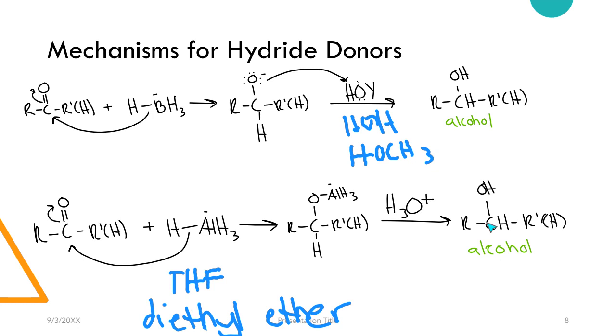So those are your only two options. So when we use aluminum hydride, we need to work up or just wash off in some kind of water or dilute acid, which washes off these ions and protonates the oxygen. So again, you just end up with an alcohol. Make sense?